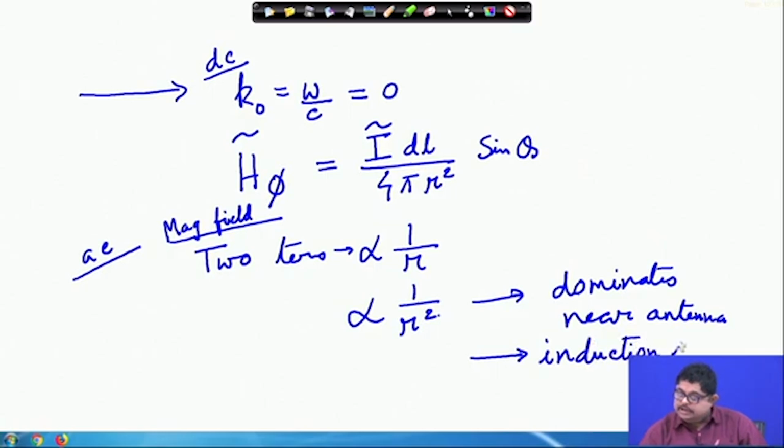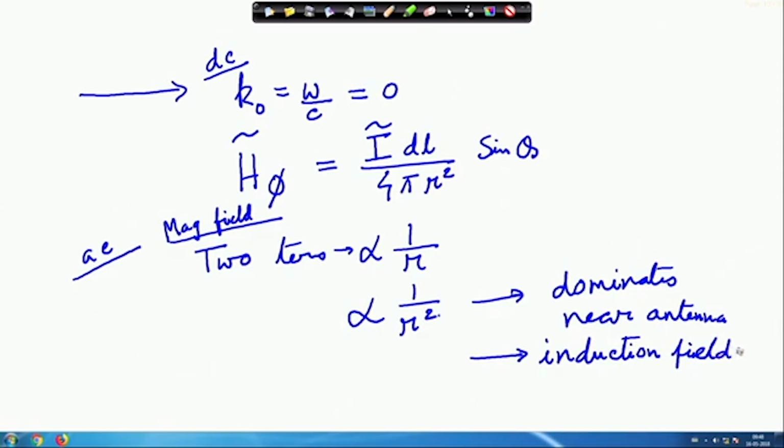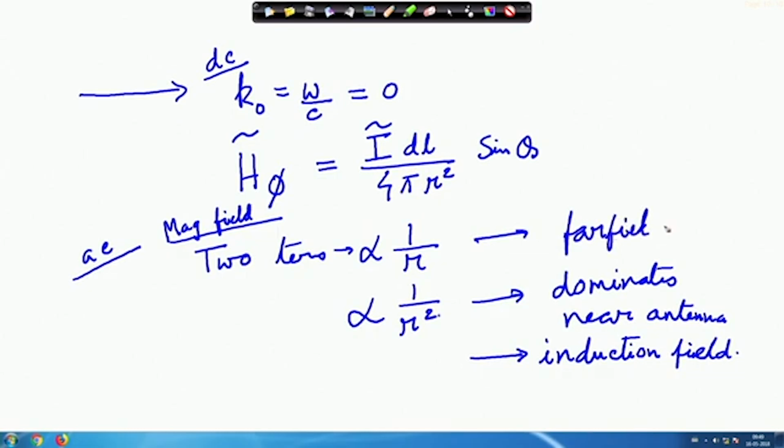Why, I will explain later. And the 1 by r term, if I go further away from the antenna to a sufficiently large distance, will start dominating over the 1 by r square term. So, this term is called the far field of the antenna. What the far field is we will discuss again, but this is their nomenclature. So, this is the induction field, this is the far field.